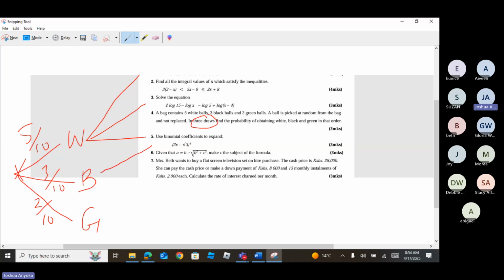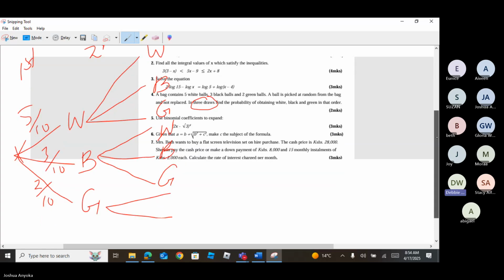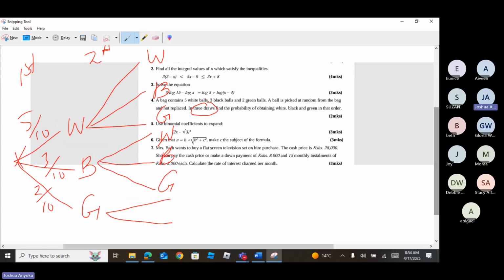This is the first selection, and then we move to the second. Second will be white, black, green, white, black, green, and another one, white, black, and then green. That's for the second time.